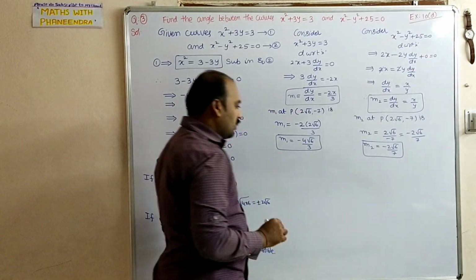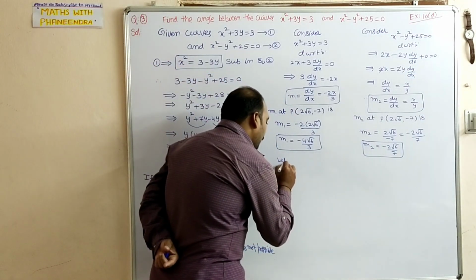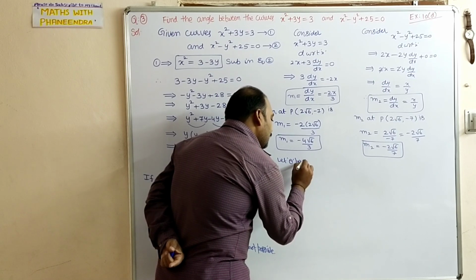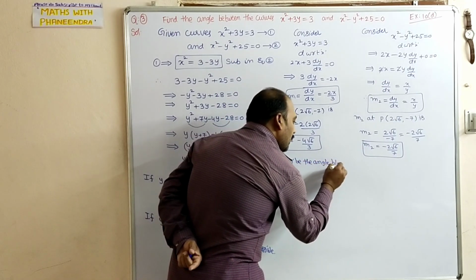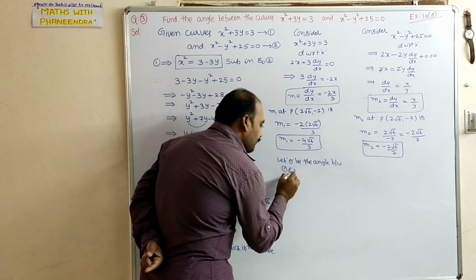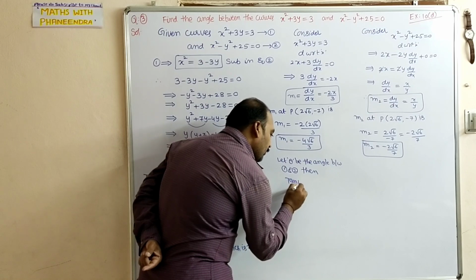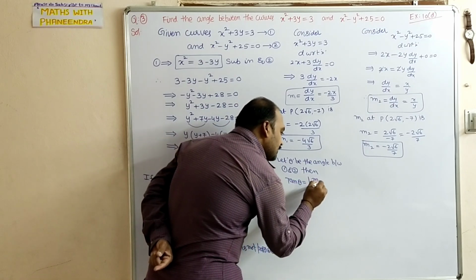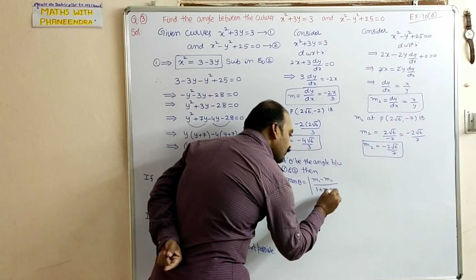After getting the values of m1 and m2, let theta be the angle between curves 1 and 2, then tan theta equal to mod of m1 minus m2 by 1 plus m1 m2.